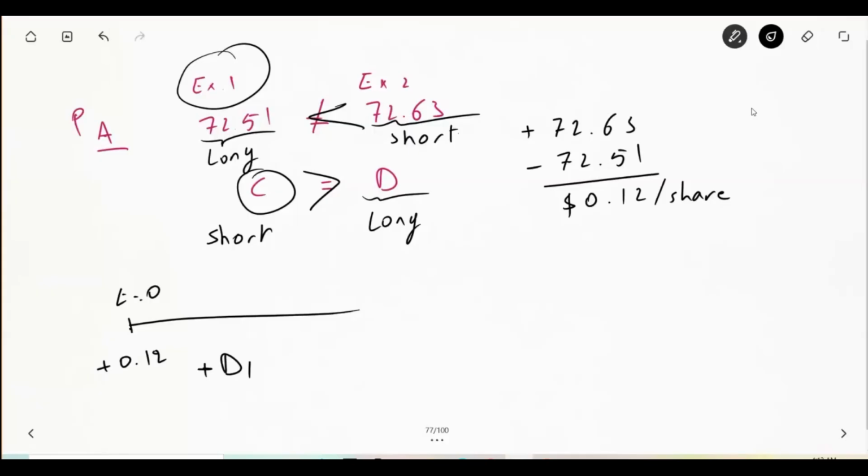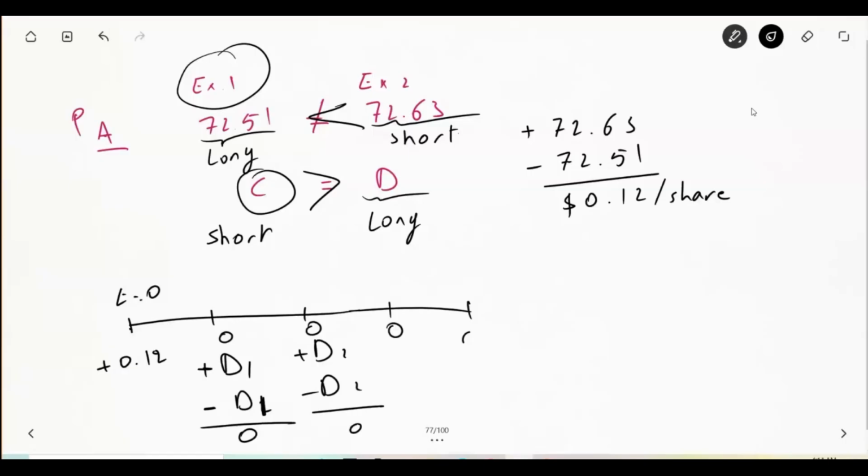And at the same time, we will need to pay a dividend of that same value due to the short position that we have. So all the future cash flows are D1 minus D1, and later on plus D2 minus D2, 0. So in the future, we won't have any cash flows. And once the prices converge, we will close our positions simultaneously. So in this case, we will end up with this risk-free profit of 12 cents per share.